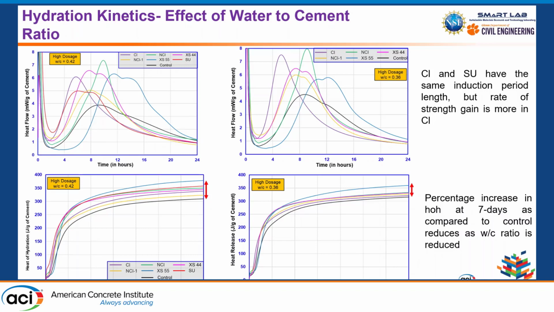Similarly, the only thing which changes between high dosages is the magnitude of this retardation or acceleration. But again, at high dosage also we see a very good delta between control and admixtures at 7 days in terms of heat of hydration, but the heat of hydration significantly reduces here for all admixtures except XS55.